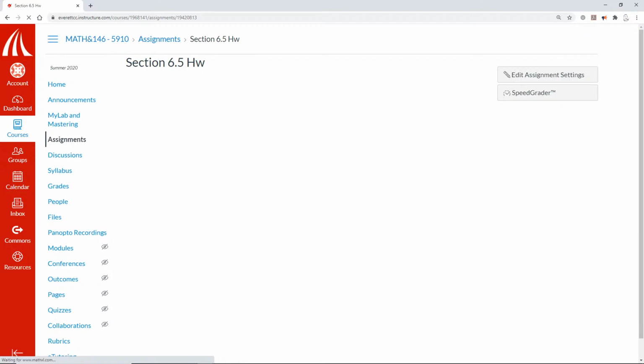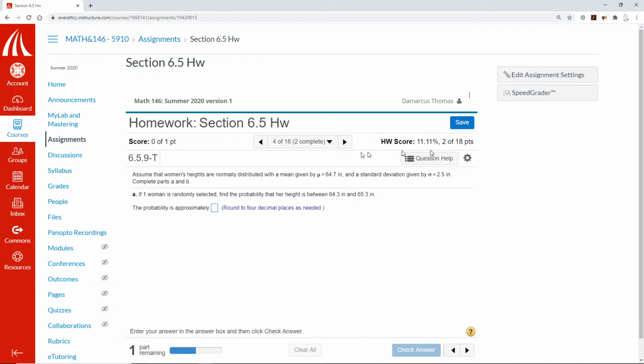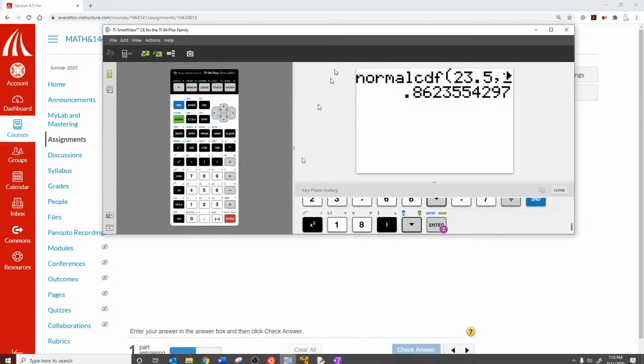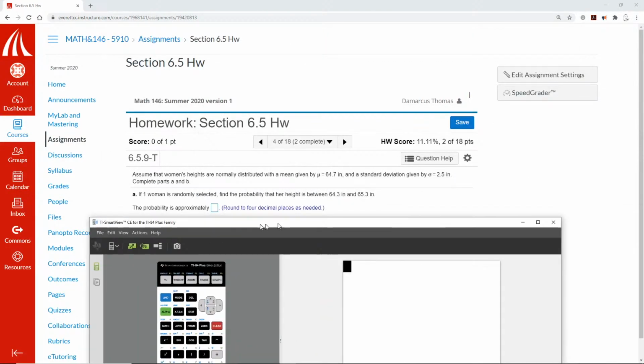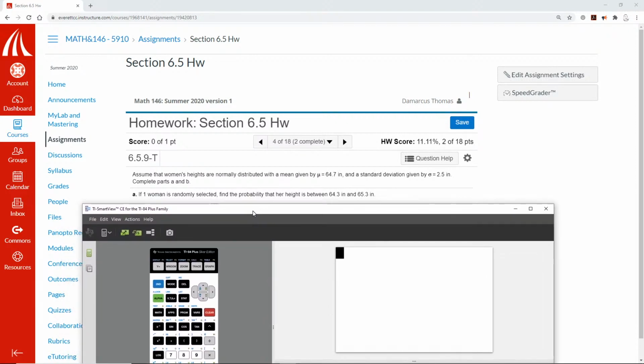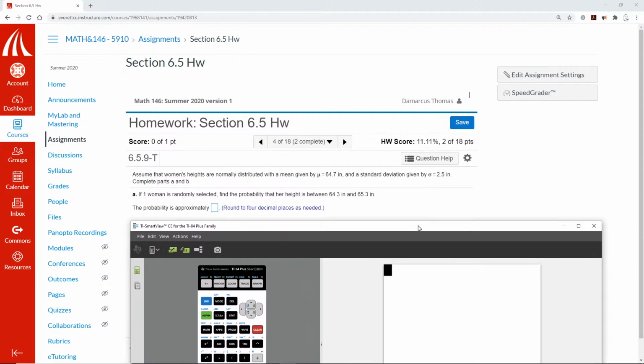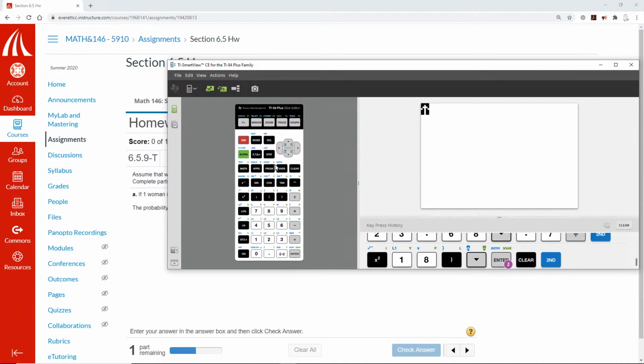Let's take a look at one more problem. Let's look at question number 4 from 6.5. I'm going to just do this quick for you. It says if one woman is randomly selected, find the probability that their height is between 64.3 and 65.3. I have the mean height of all the women and their standard deviation. So now all I have to do is normal CDF.